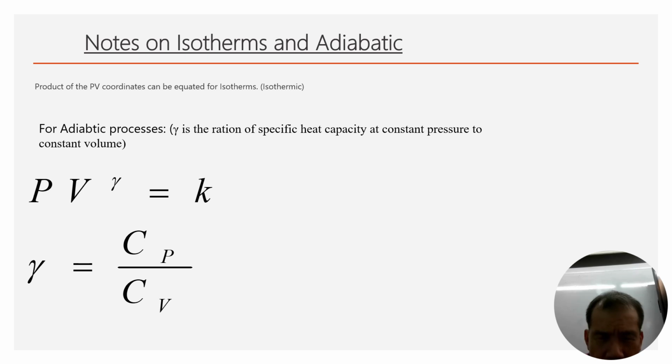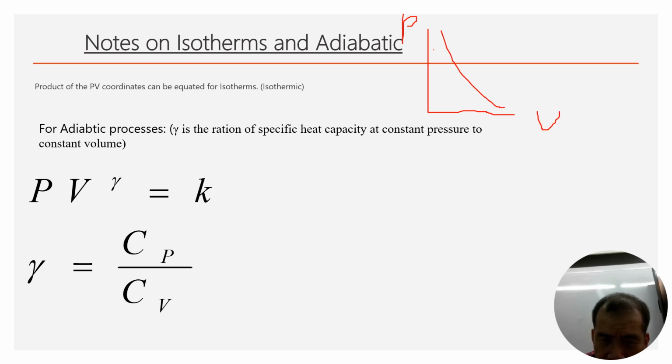For this isotherm, I also need to mention that the product of the PV coordinates is the same. What I mean is this. Let's say I have a PV diagram here, and my curve looks like that.